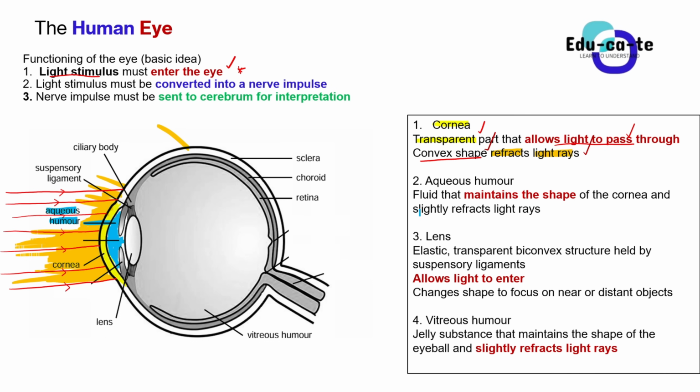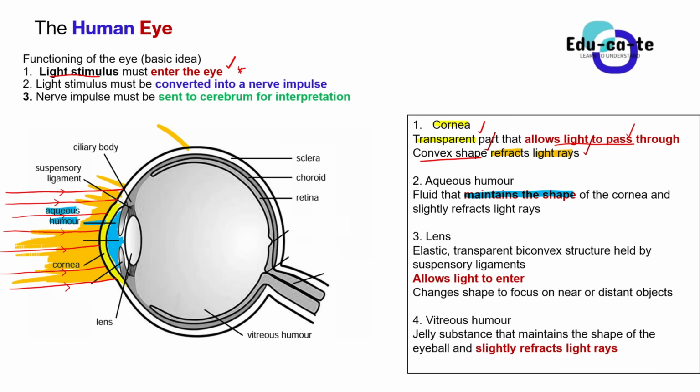The aqueous humor is a fluid that maintains the shape of the cornea. That is its main function. For the cornea to have the shape that it has, it's more like a balloon, and the aqueous humor is the fluid filling that balloon so that it's round. Remember, you see that a balloon is round when you fill it with water or a gas or a fluid.